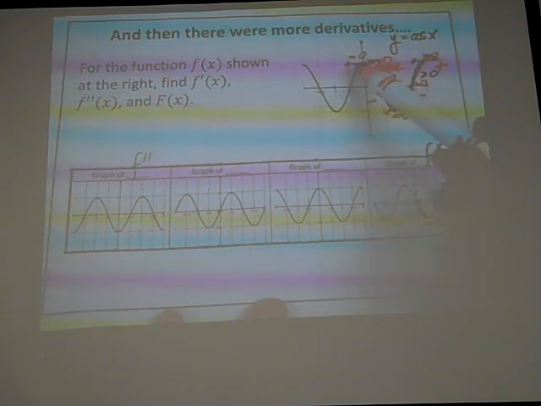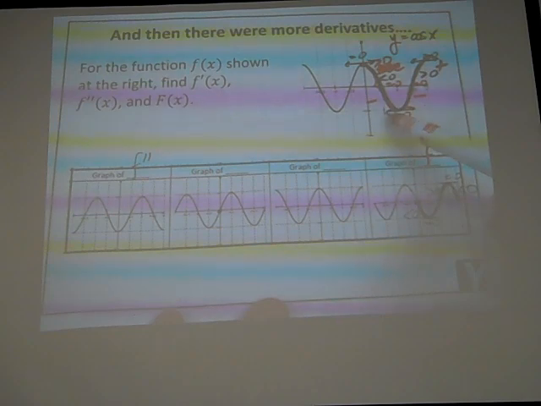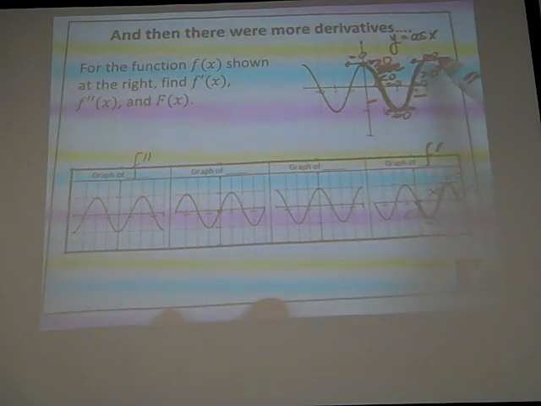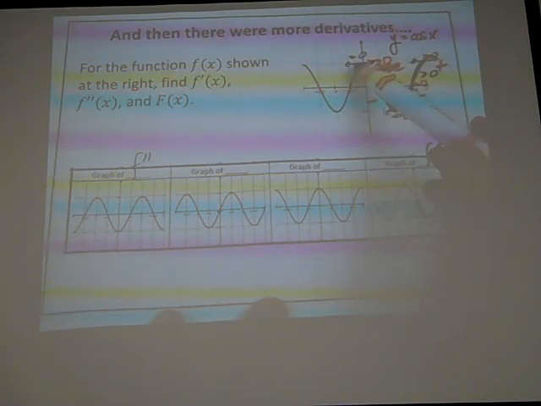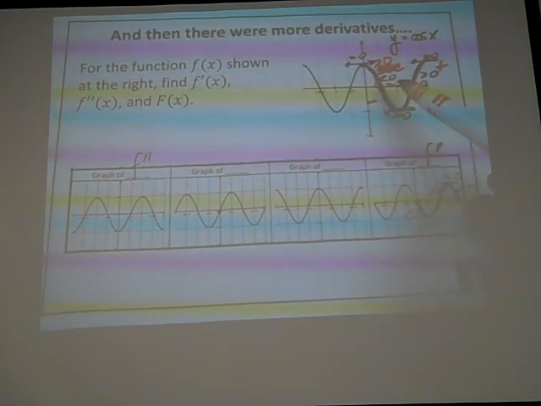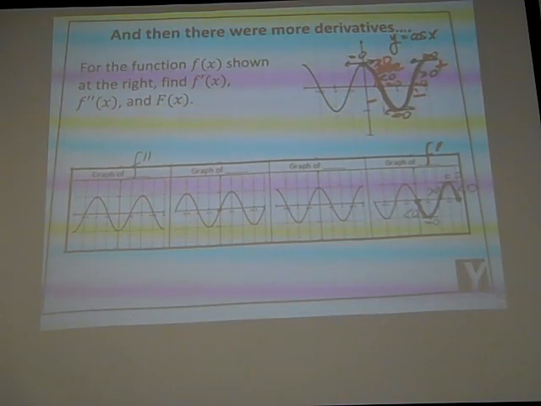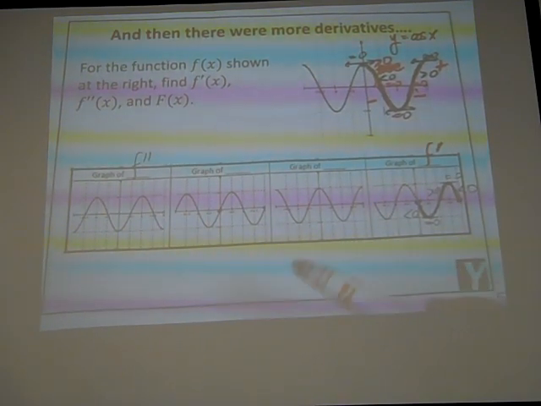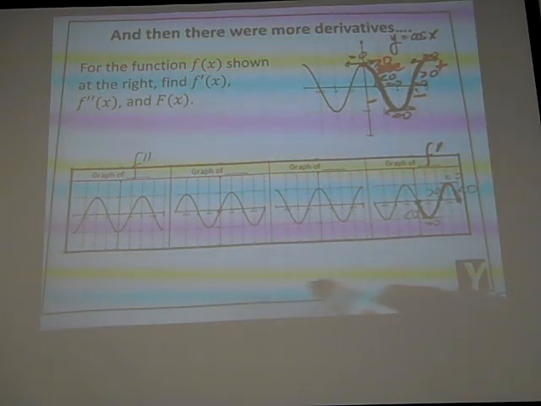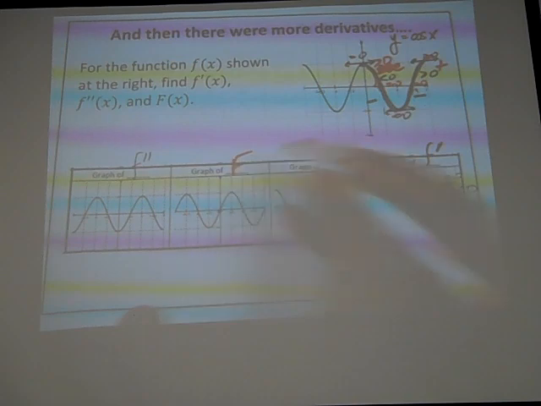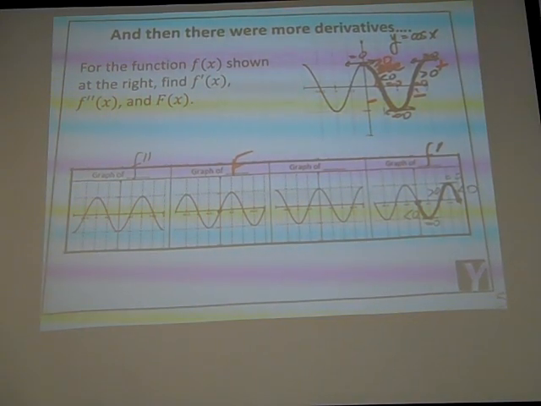So if this function is positive, 0, negative, 0, positive, I need the antiderivative to be increasing, then decreasing, and then increasing. So the one that is increasing, decreasing, then increasing is this one. That's big F, and that is the end of this part of the video.